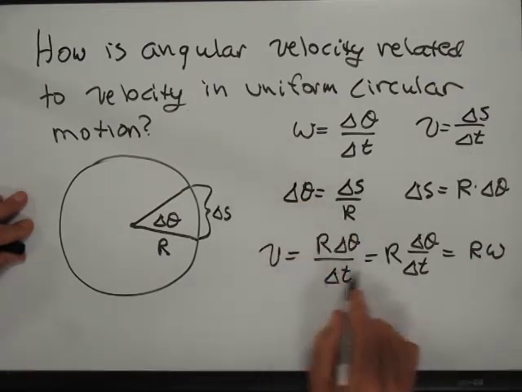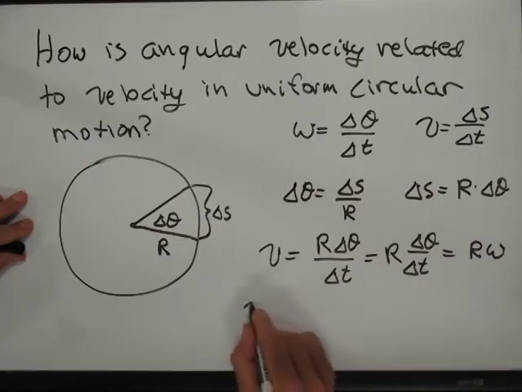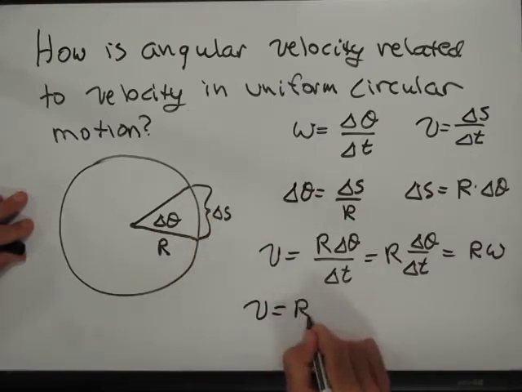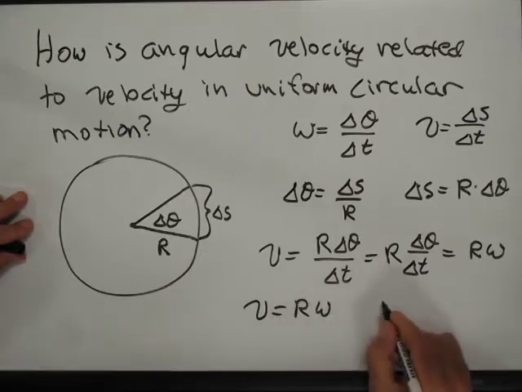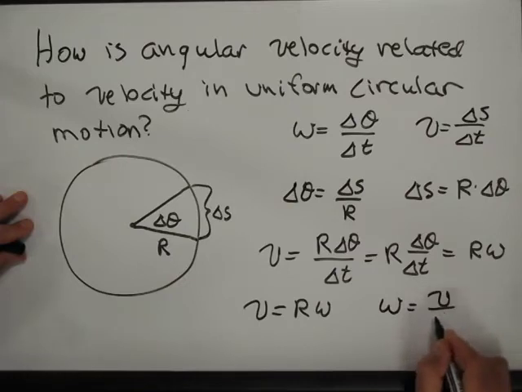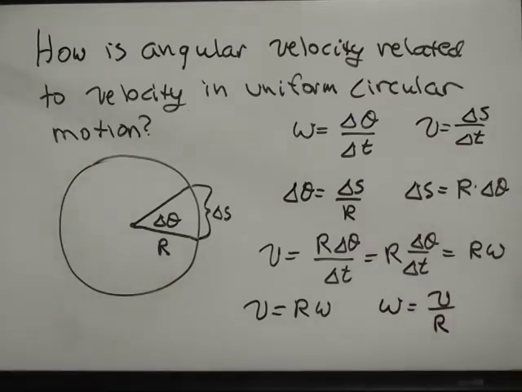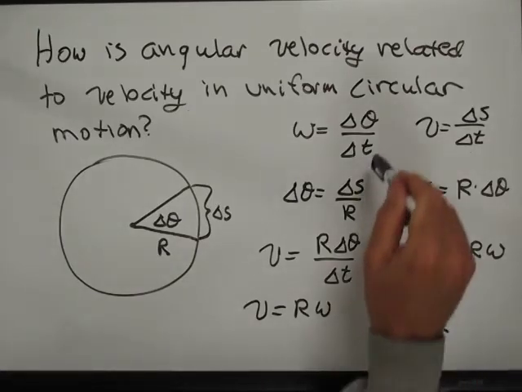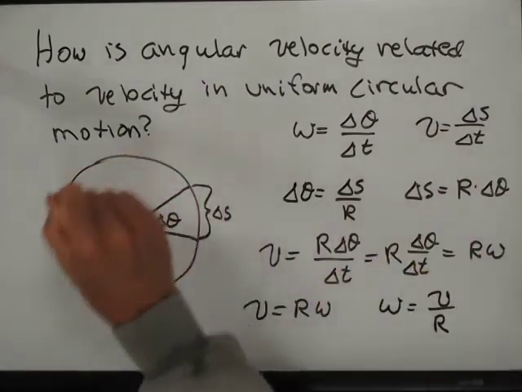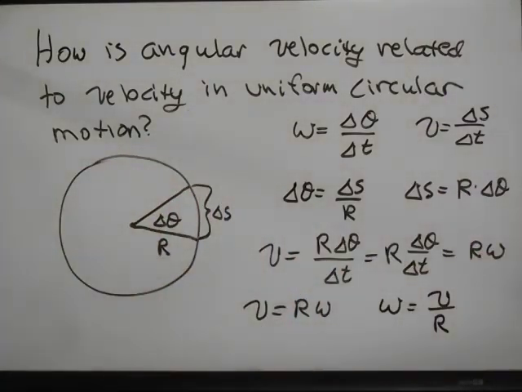So for objects moving in circular motion, the speed of the object is equal to the radius times its angular velocity, or you can say its angular velocity is equal to how fast it's going on its speedometer, divided by the radius of the circle. This equation relates the angular velocity to the linear velocity for something in uniform circular motion.